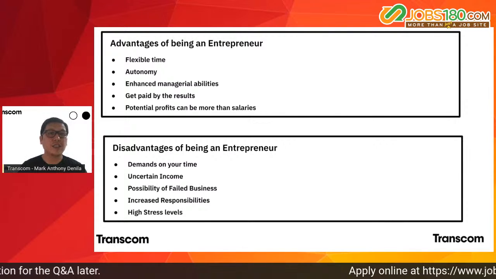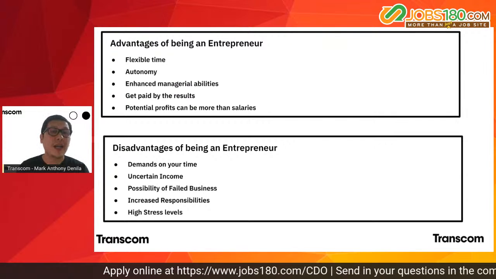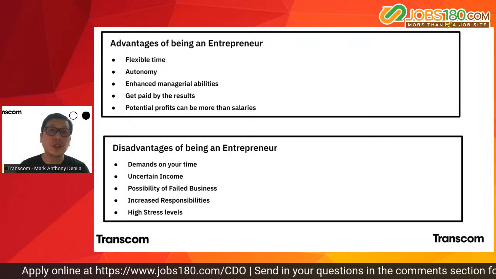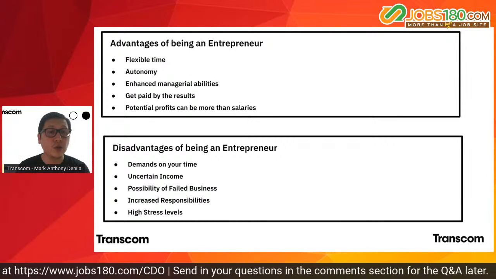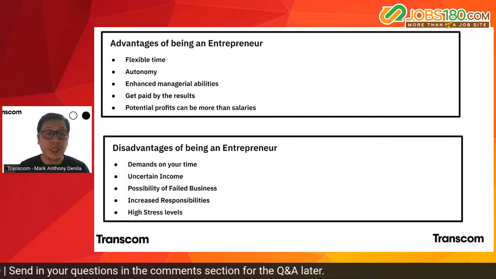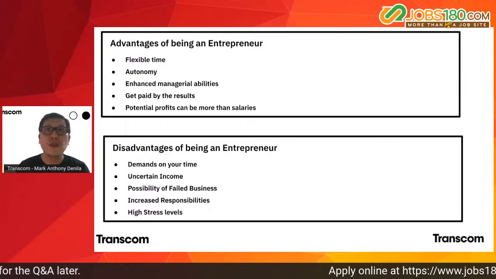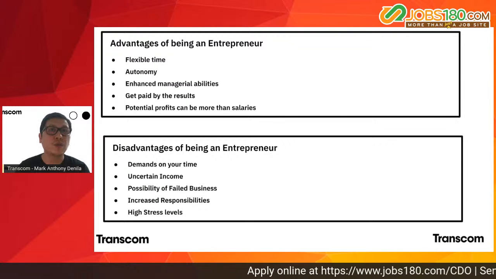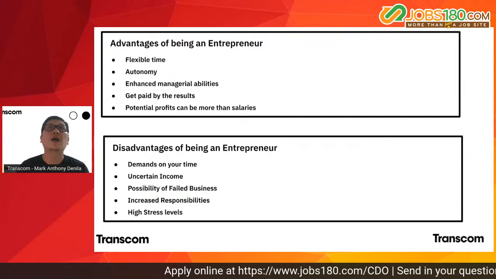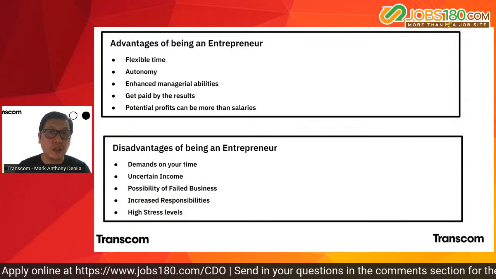Okay, so these are the advantages of being an entrepreneur. Now, what are the disadvantages? As I mentioned, it demands your time, and income could be uncertain. Of course, high reward siya, but there would be times that the income would be low as well. Third, possibility of a failed business, which is very common. I think a rough number of 50% or 60% of those who put up a business fail in 5 years.